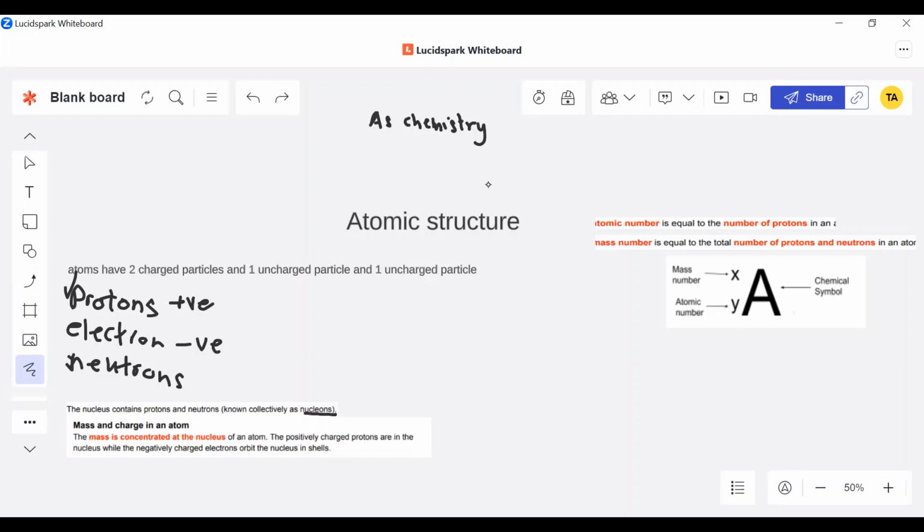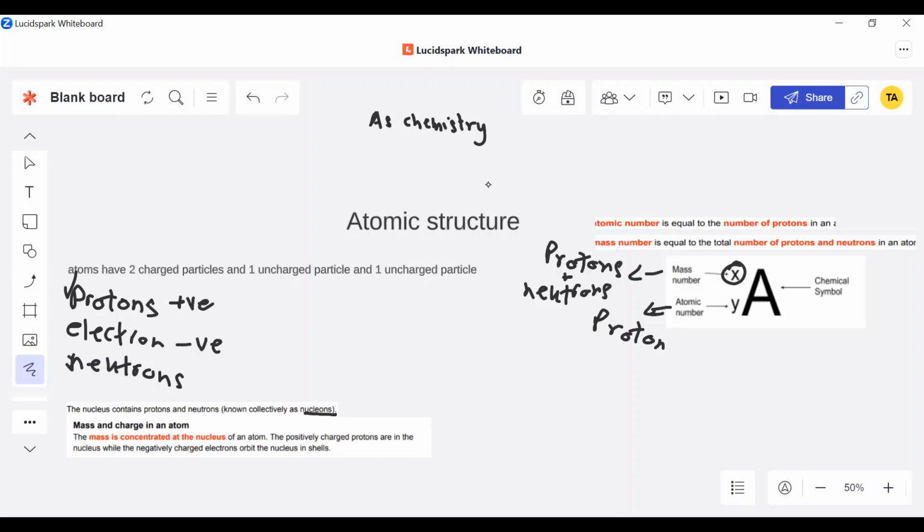So now comes knowing the symbols. Okay, so any chemical symbol will have a mass number and an atomic number. Atomic number is the proton number, and the mass number is basically protons plus neutrons.